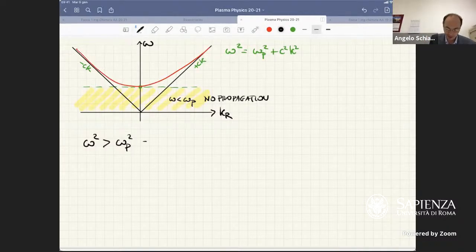And omega p squared is then equal to the charge of the electron squared times the number density of electrons divided by epsilon naught times the mass of the electron. Okay, and this corresponds to a so-called critical frequency.